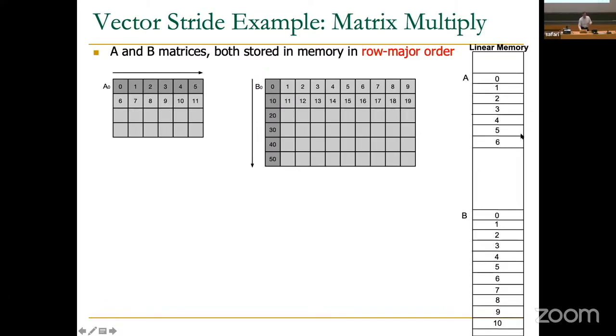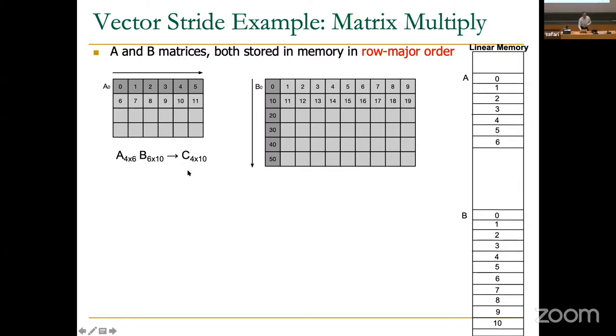I didn't show the entire thing over here because I don't have space, but A starts from some location, and these are the offsets of the elements, and this is what they correspond to in the matrix. B starts from some location in memory, and these are the offsets of the elements, and this is what they correspond to in terms of the visual structure of the matrix. So clearly, A is a 4x6 matrix, 4 rows by 6 columns. B is a 6x10 matrix, and you can multiply them because these 6s match.